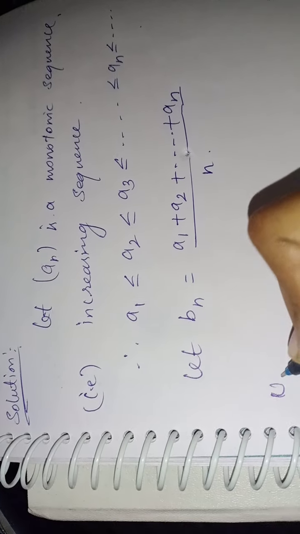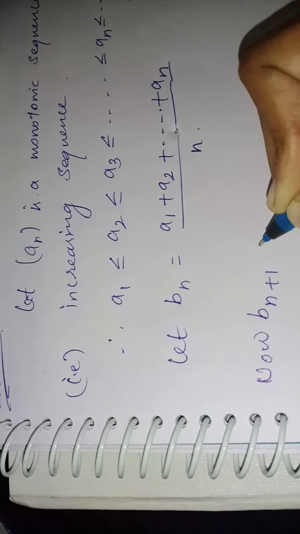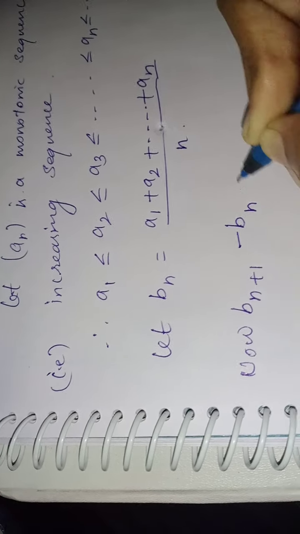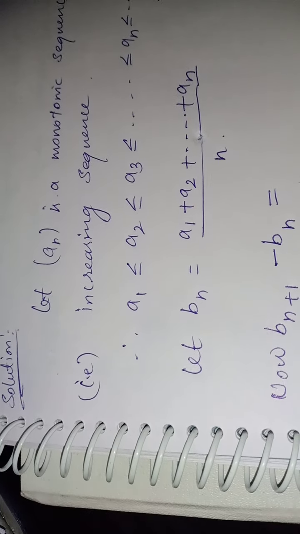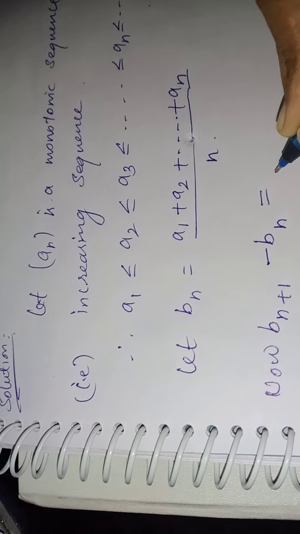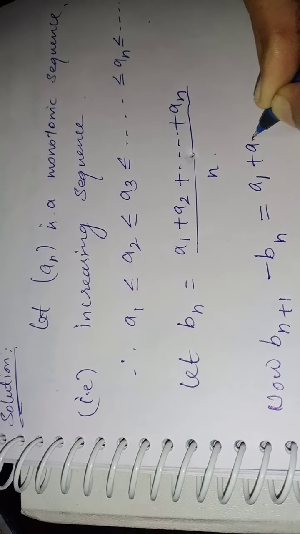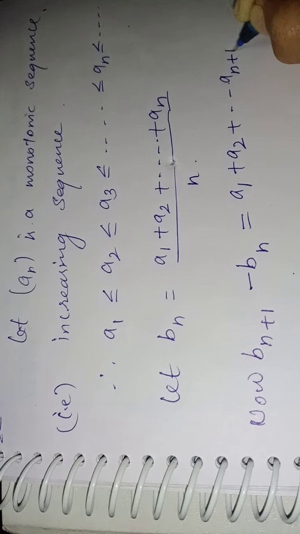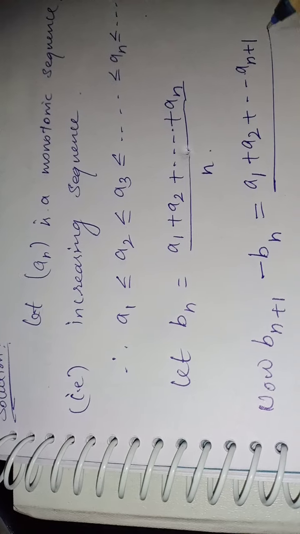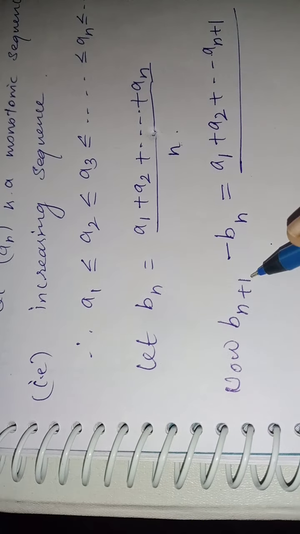Now, bn+1 minus bn. If bn is this term, then bn+1 means (a1 + a2 + and so on + an+1) divided by, in place of n we have to put n+1.